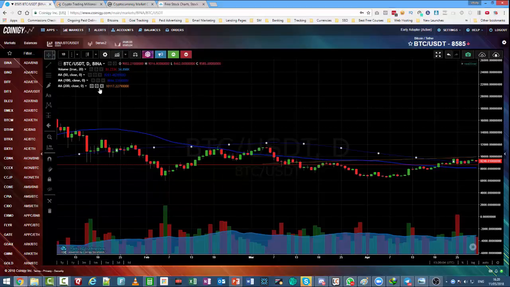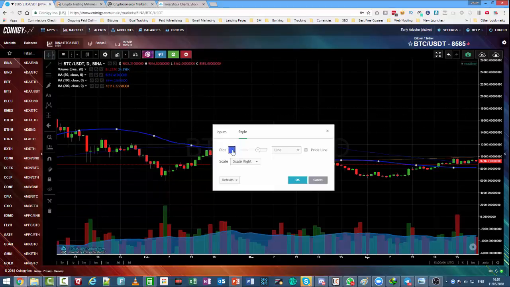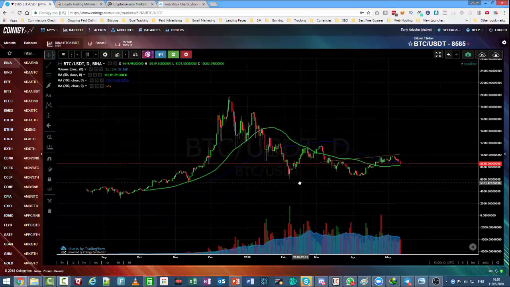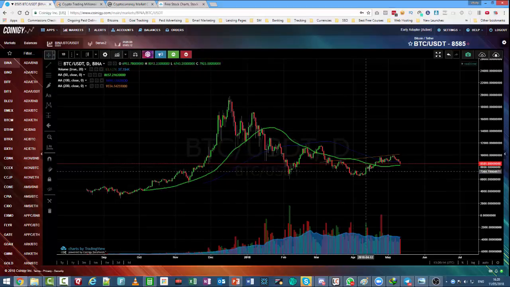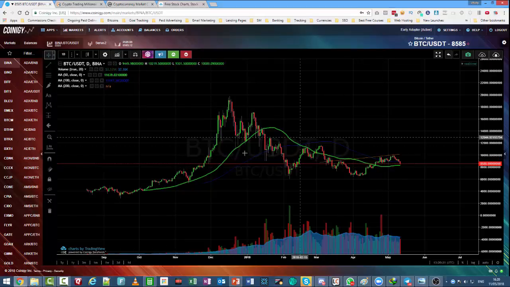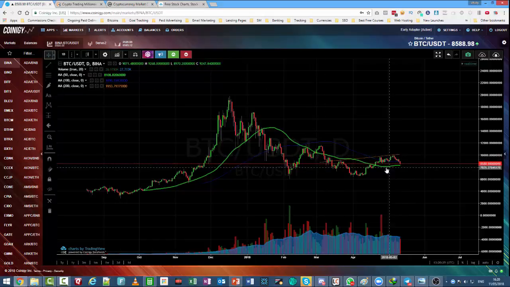And this one, make it green. Okay, so the green one is the moving average for the last 50 days, the blue one is the moving average of the last 100 days, and the orange one is the moving average of the last 200 days. So you can see right now the green is below the blue and below the orange.